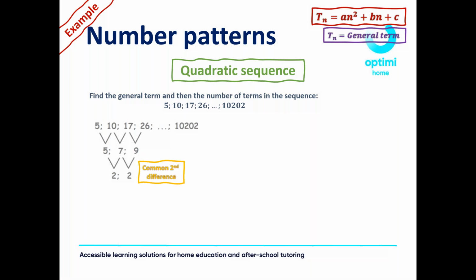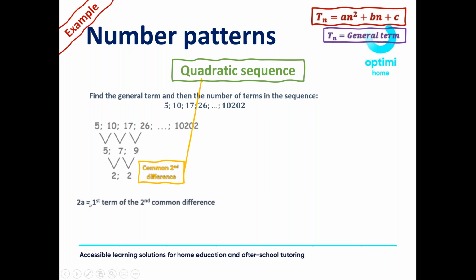Okay, so the next part that I'm going to show you is another 3 equations that you will have to remember. It's not going to be given to you. Even in grade 12, when you receive a formula sheet, they will not give these 3 formulas to you. You need to know this off by heart. 2a is equal to the first term of the second common difference.